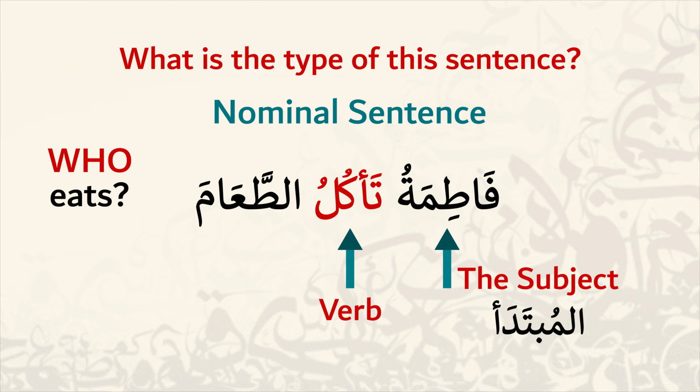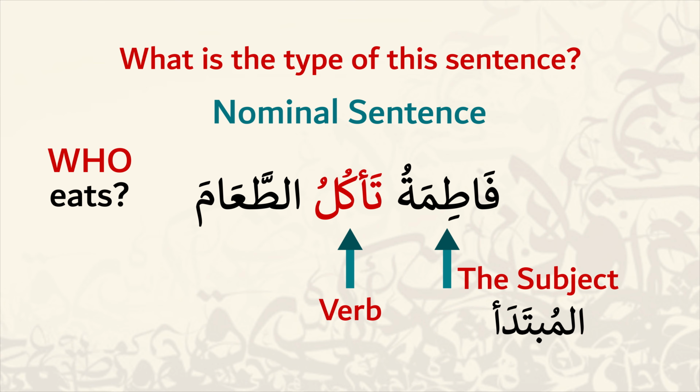This answer is wrong because of two reasons. First, the noun Fatima cannot be two things at the same time. We already said it is the subject المبتدأ of the nominal sentence, so it cannot be also the subject الفاعل of the verbal sentence.